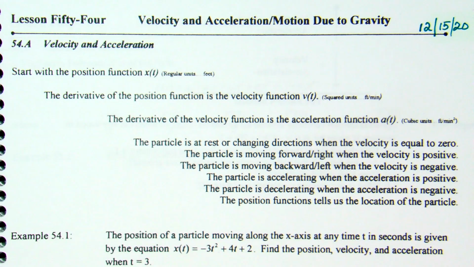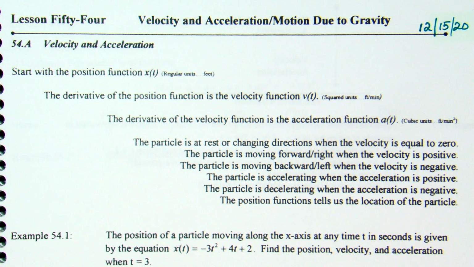Okay, lesson 54. Now, we're starting off talking about velocity and acceleration. In calculus terms, we've already mentioned velocity and acceleration this year, yes? Do you remember the connection? Derivative of velocity is acceleration.